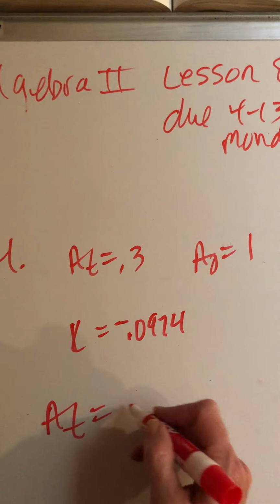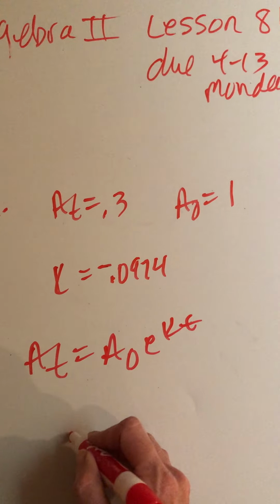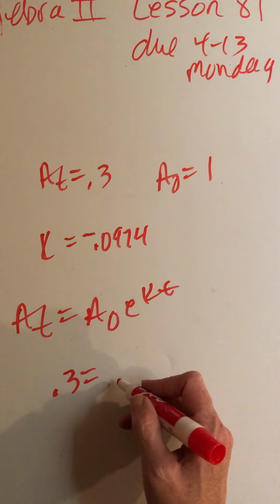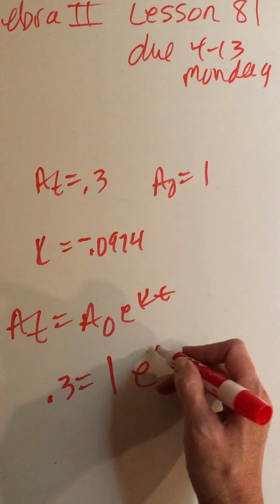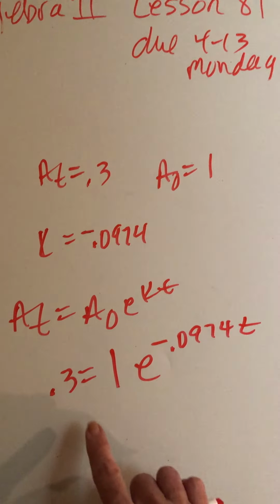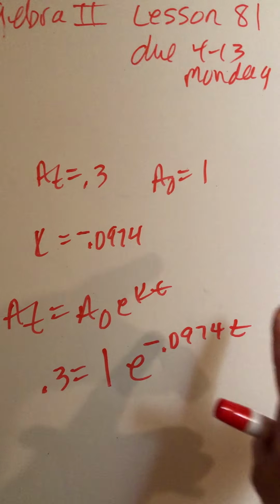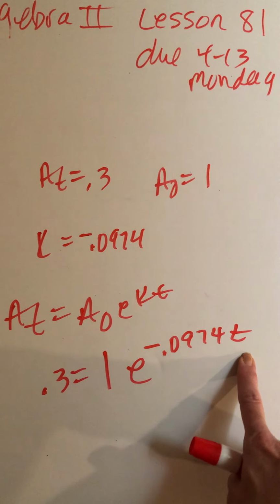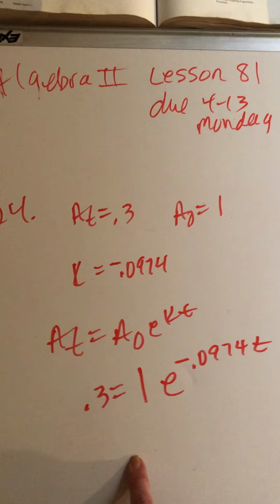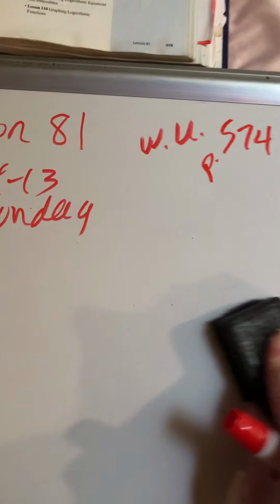So if I'm plugging into AT equals AO e to the KT, that means 0.3 is here, AO is 1, E, my K is negative 0.0974T. So there's the setup. Now you solve for T. Okay, you go from here and solve for T, following the notes, following what you've done on the practice. Okay, so that's 24.